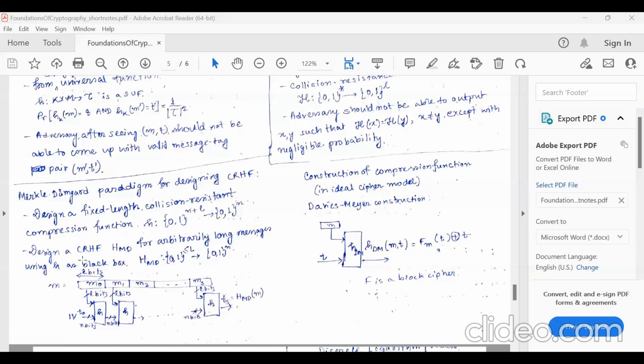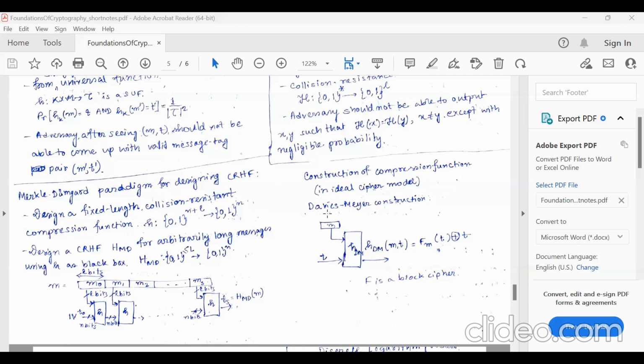So overall, you have the arbitrary length message M. You convert it to some multiple of l bits and divide it into chunks, each of length l, and you apply this compression function h again and again, finally coming up with the output of the hash function, TS. The collision resistance of this hash function depends on the collision resistance of the underlying compression function h.